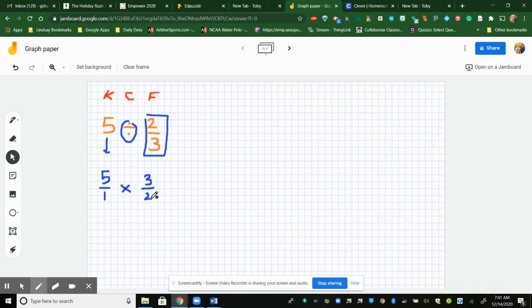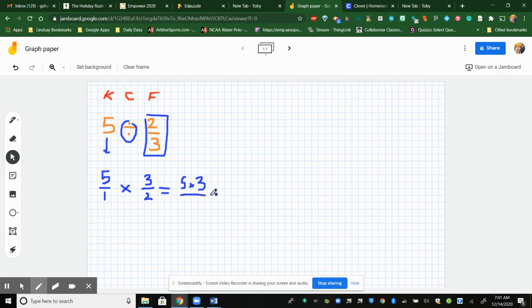And now I'm just going to multiply across. 3 times 5 is 15. 2 times 1 is 2. In fact, let me back up a little bit. Let's do it the way I've been doing it. 5 times 3.